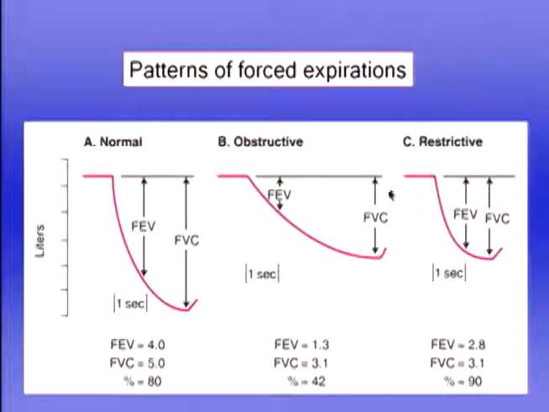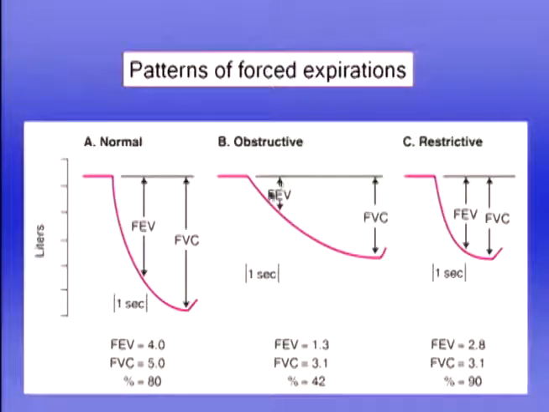Now let's look at the obstructive pattern, and we would expect to see something like this in chronic obstructive pulmonary disease, or COPD. And you can see, first of all, that the total amount exhaled was considerably reduced. And this, as we'll see later, is because the diseased airways close prematurely at the end of the expiration.